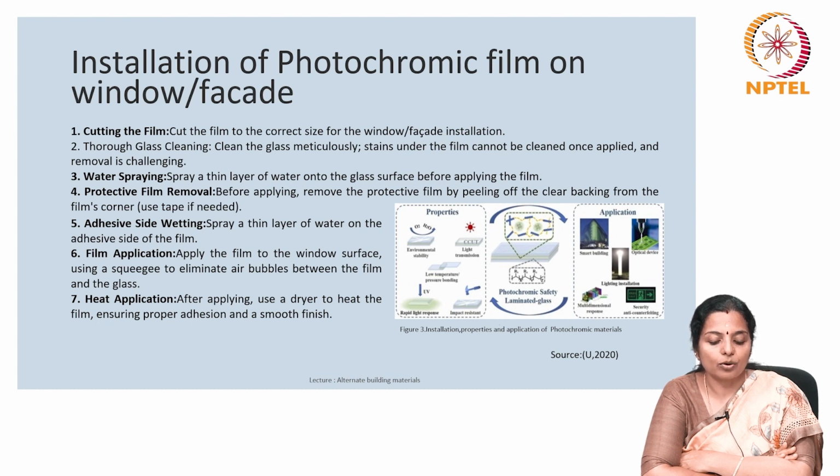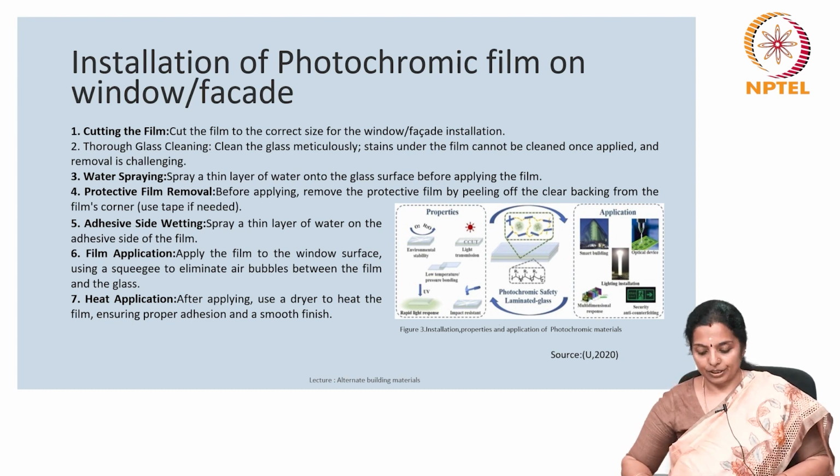Spray a thin layer of water on the adhesive side of the film. The film is then applied to the window surface using a squeegee to eliminate air bubbles between the film and the glass. After this, heat is applied. After applying, use a dryer to heat the film, ensuring proper adhesion and a smooth finish.